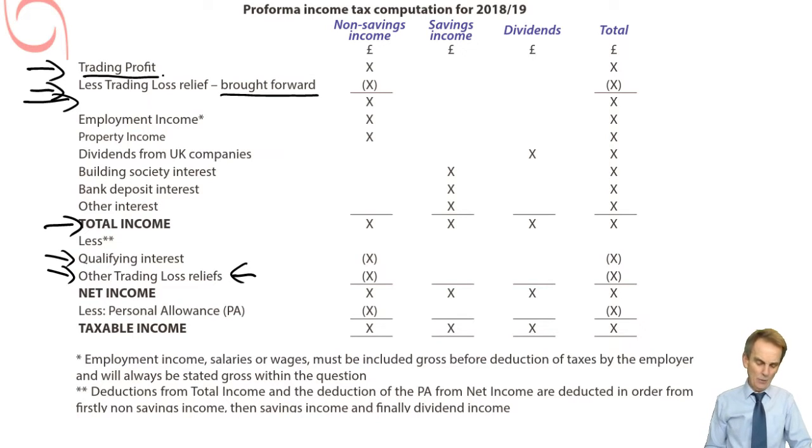But if we were to have made a loss in this year, or indeed in the following year, that loss could have been relieved either again in the current year, 1819, or if we made a loss in 1920, it could be brought back into 1819. So any current year or carry back claim goes against total income.